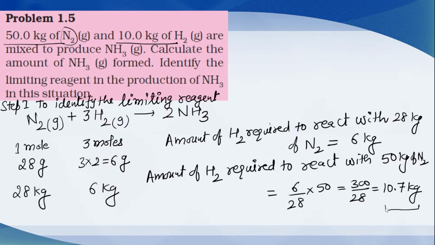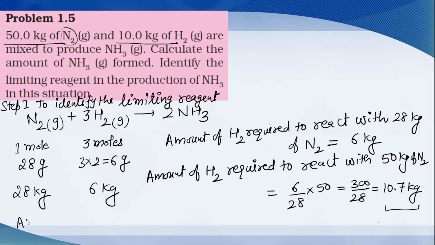But how much do we have? We have only 10 kg. The required amount is 10.7 kg. That means hydrogen is the limiting reagent. That's it.